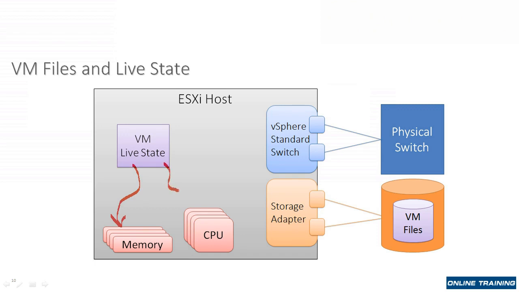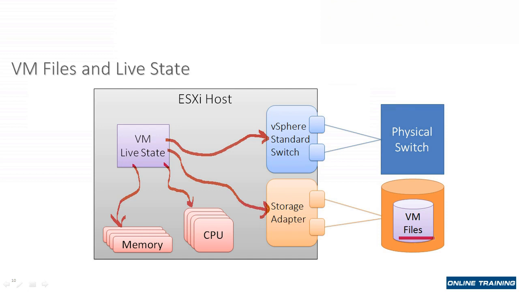The virtual machine is going to be using time slots on processors. It's going to have a virtual NIC that's connected to a port on a virtual switch. And it's going to send SCSI commands that are intercepted by the ESXi host and passed along to a storage adapter. So this is what's happening in my virtual machine right now, at this given moment: the virtual hardware that we're providing it, and the contents of memory at any given moment. That's what's running on the ESXi host.